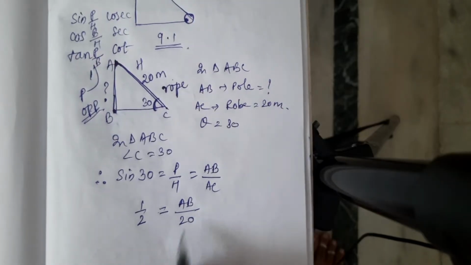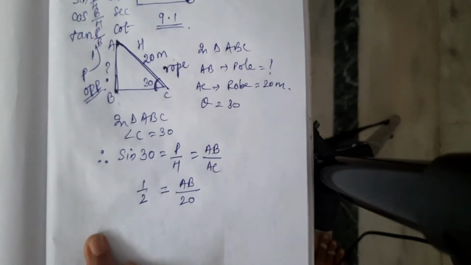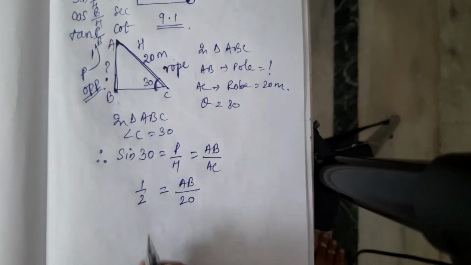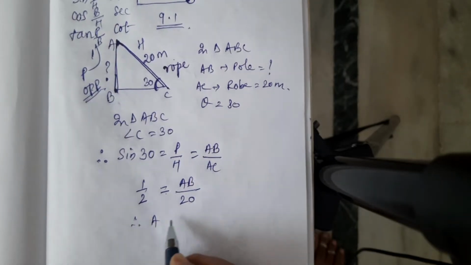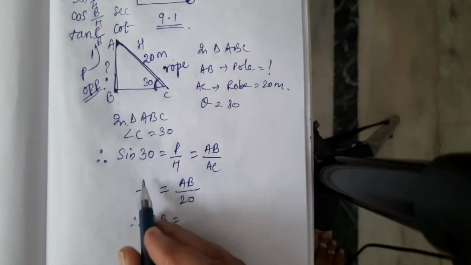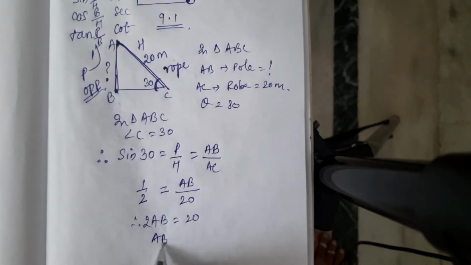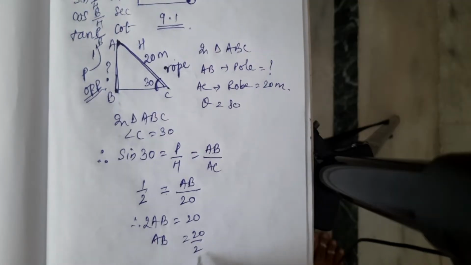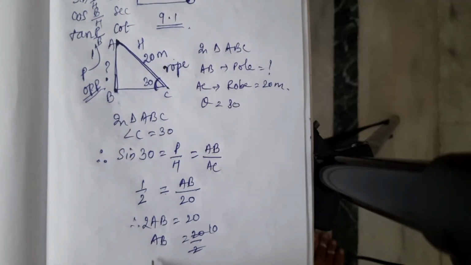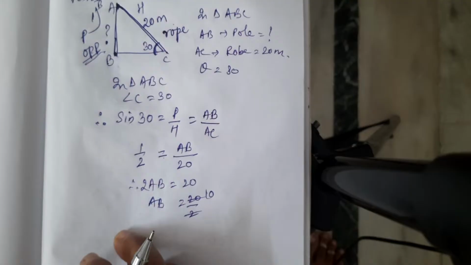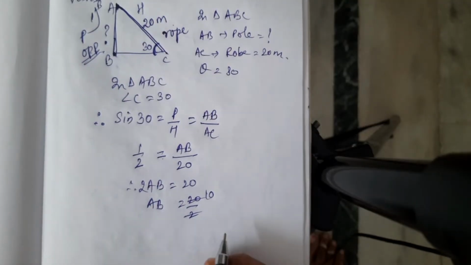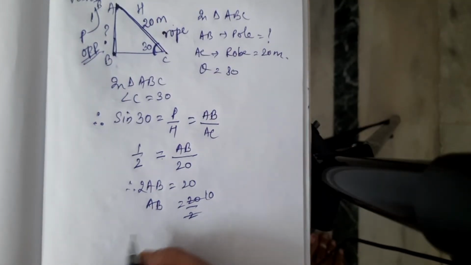AC is 20, so replace AC with 20. Now have cross multiplication. Therefore, 2 times AB is 20. AB is 20 upon 2. Thus we got height of the pole, 10 meter. So finally AB is 10.